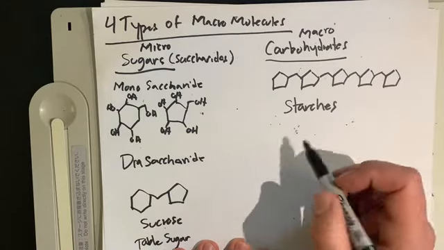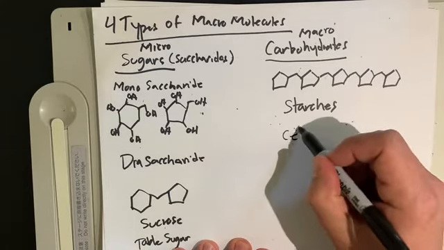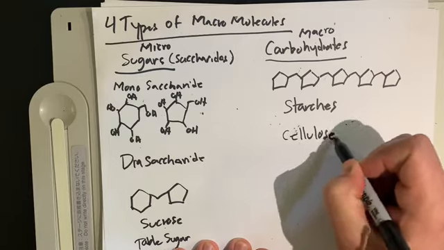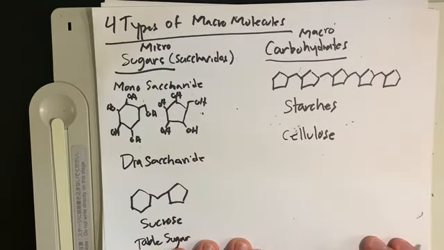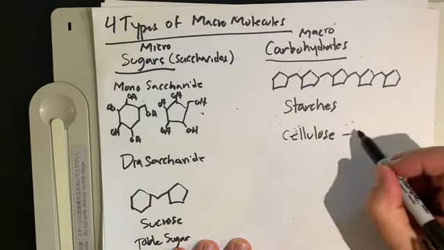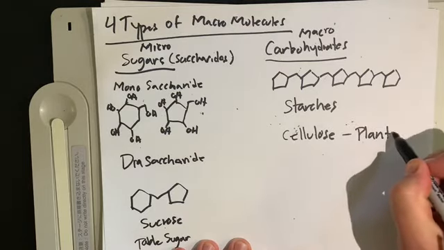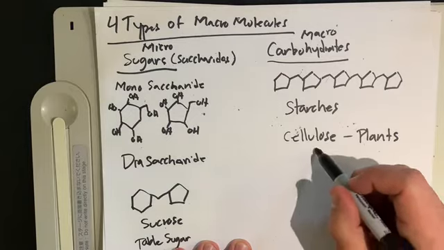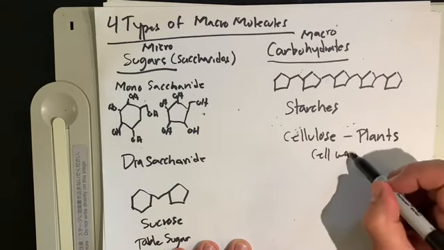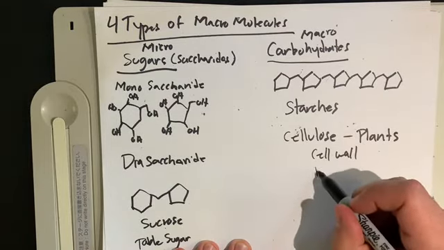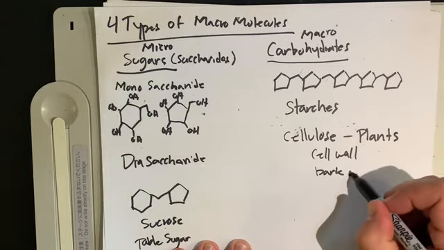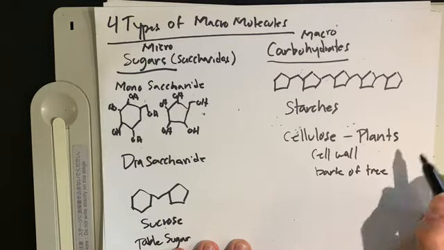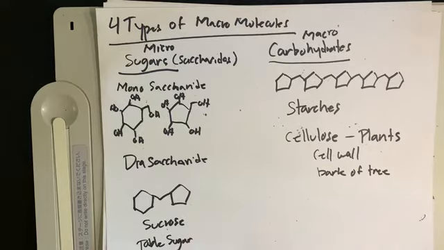Another type of carbohydrate is cellulose. So cellulose is what we find in plants. Cellulose in plants makes up its cell wall and things like the bark of a tree. And it's very, very strong.